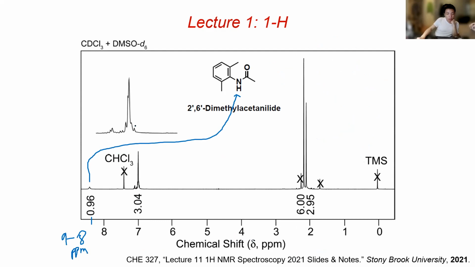This one is the benzene ring, corresponding to the 3 hydrogens here. And same as before, the 6 corresponds to this 6 hydrogens. And lastly, the hydrogens near the carbonyl we mentioned before is around 2. And the integration is number 3.